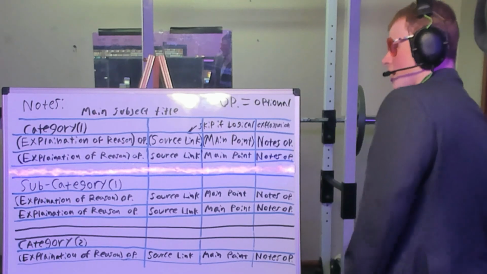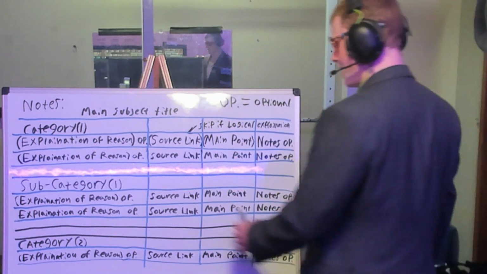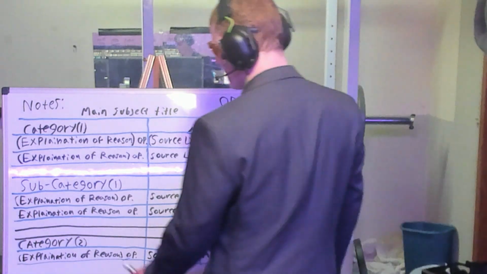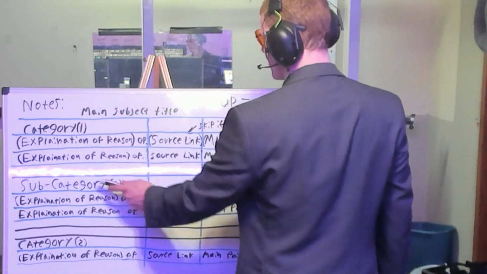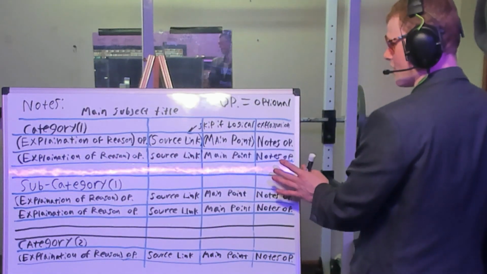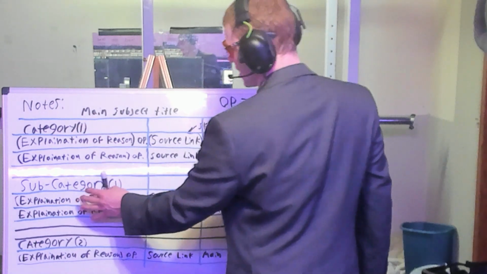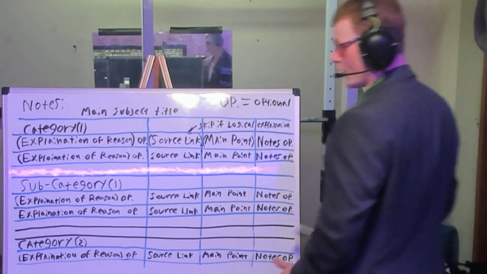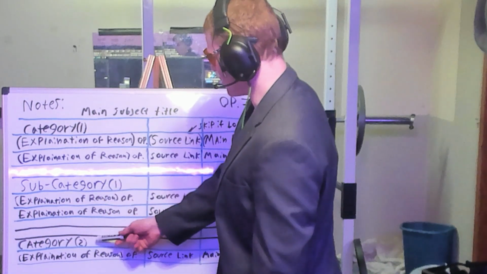Repeat until you run out of ideas. Just repeat for as long as you can. Try to make as many of these main points as possible. Okay? Notice when we switched from categories to subcategories, we left a little gap right here. Now, when we're switching from category 1 and we're done with however many subcategories we want to create, we are going to make a second category underneath.